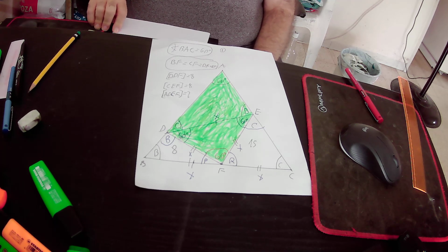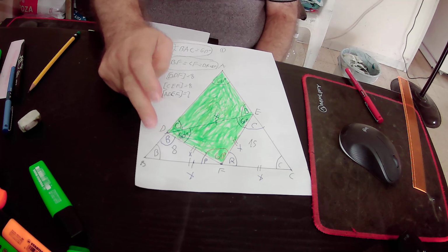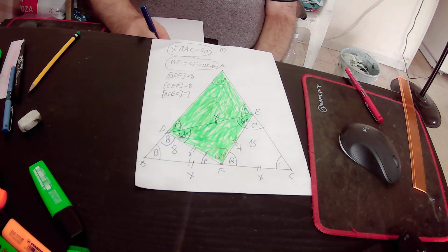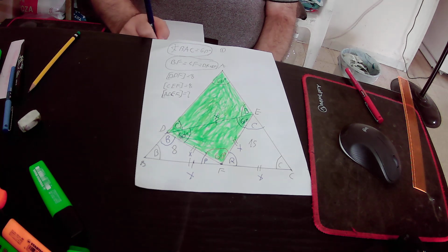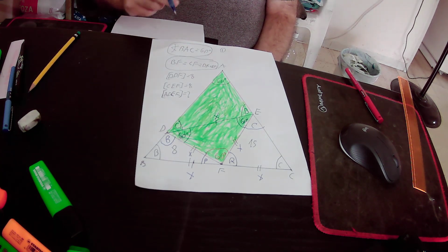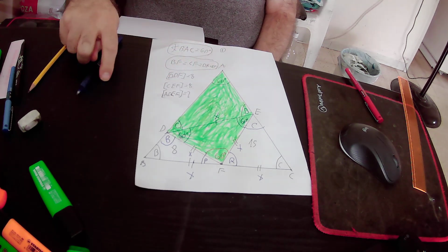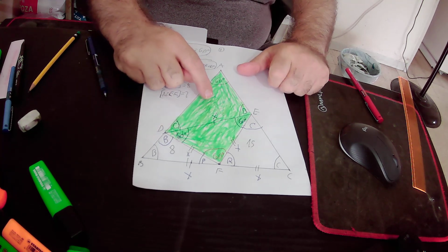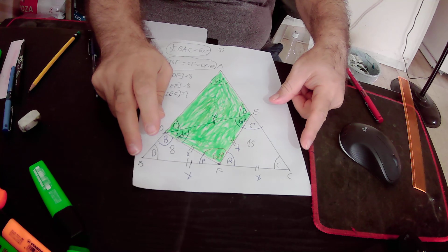So actually the area of quadrilateral BDEC is equal to the area of triangle ABC minus the area of triangle ADE. Again, the area of triangle ABC minus the area of the small triangle ADE exactly equals the area of quadrilateral BDEC.